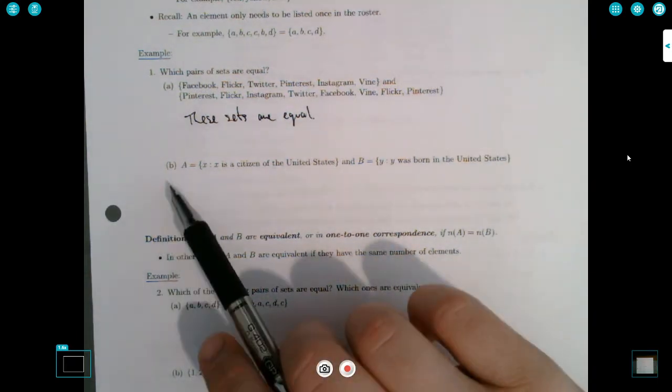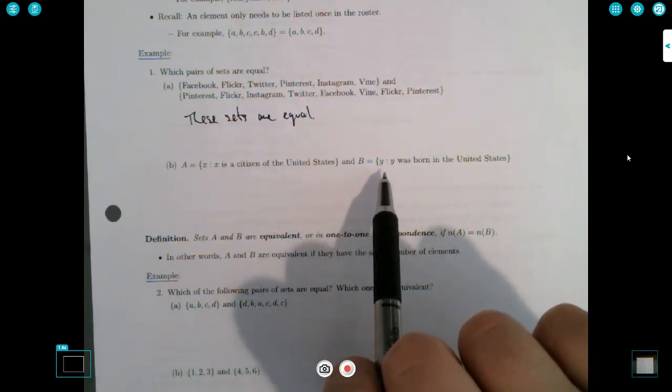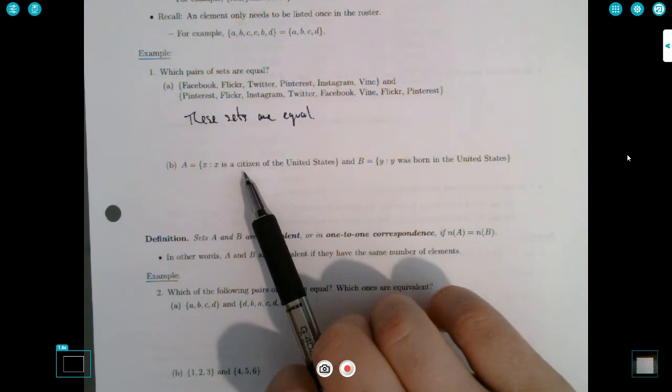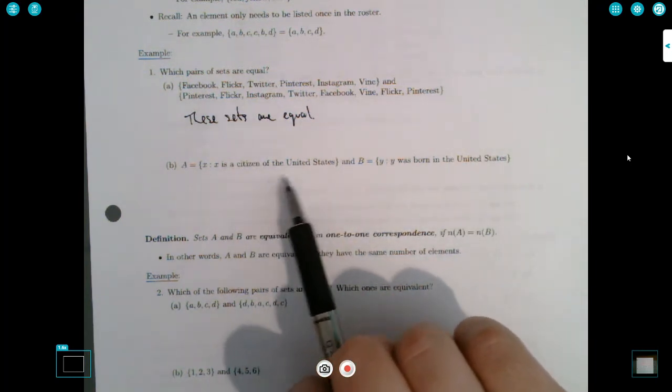Part B. A is the set of all X, where X is a citizen of the United States, and B is the set of all Y, where Y was born in the United States. So are these the same sets? Well, no, because first of all, you can have your citizenship in the United States without being born here. There are lots of people who are citizens of the United States that weren't born in the United States.